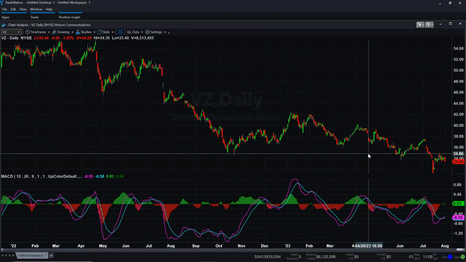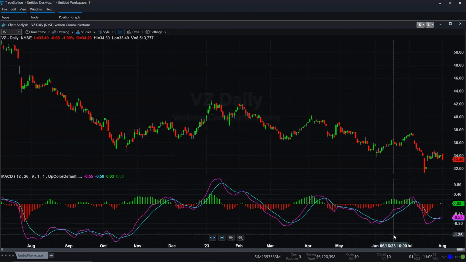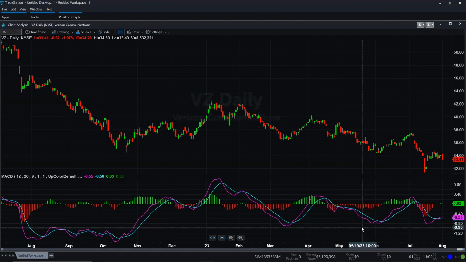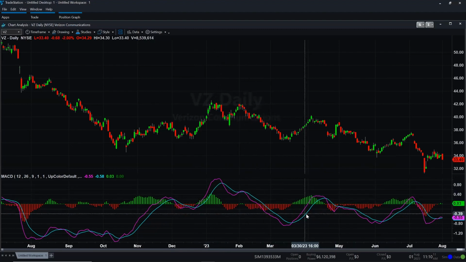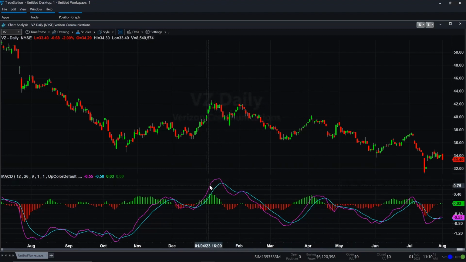So this may have different colors than what comes by default. I may have changed mine a little bit, but this is the way that the MACD indicator looks. So when we look at the two lines that are here, the magenta line and the cyan line, we're talking about the MACD line and the signal line. The signal line is the one that's smoother, and the MACD line is the one that's a little bit more sensitive to market movement.